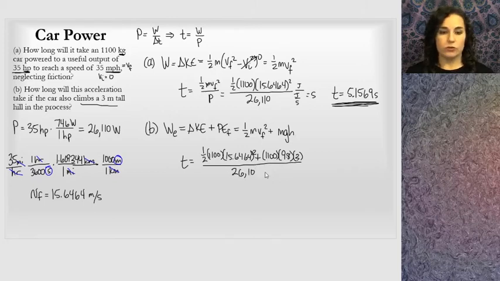And when you put in the right numbers and solve this, you get the time. Of course, it's going to be a little bit more because there's more energy to be supplied. It's going to take longer, right? 6.3955 seconds.